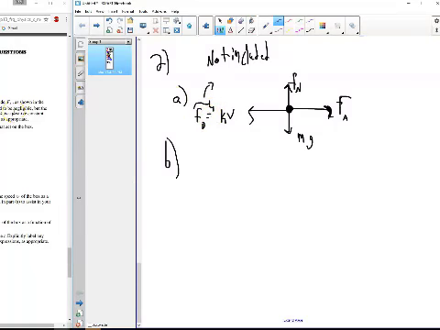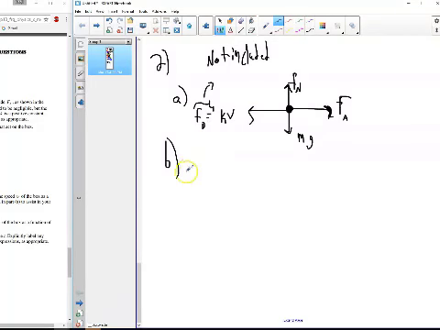Now what we're going to do is pretty self-explanatory. We need to write a differential equation. A differential equation is just something that you write with derivatives in it that you need to integrate to solve for a higher order variable. So what do I mean?